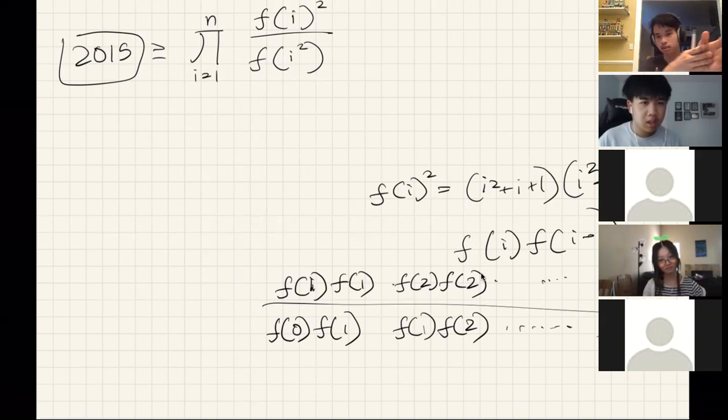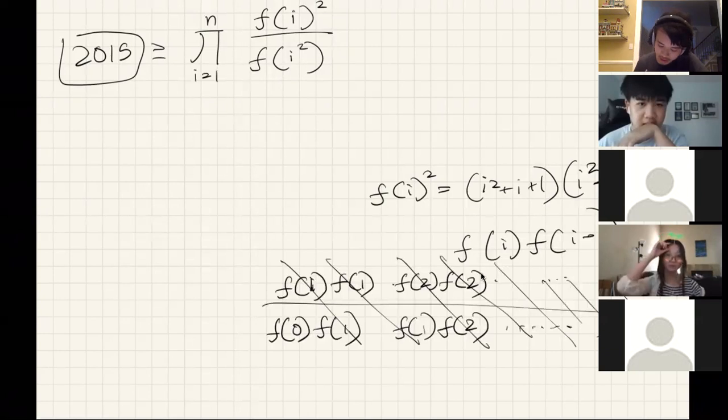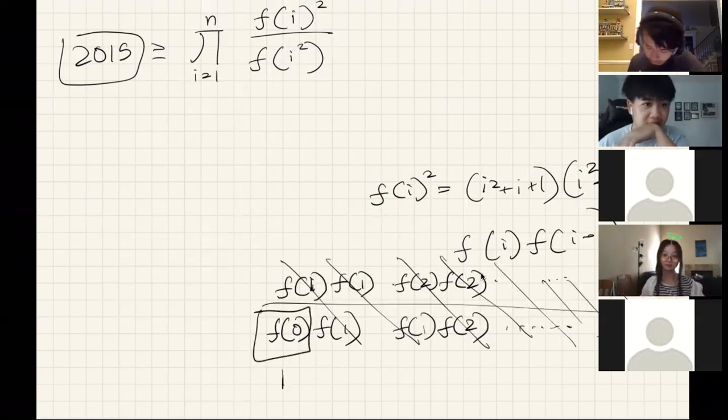So just like a telescoping sequence, these terms are going to cancel. Most of the terms in the numerator are going to cancel terms in the denominator. And I'll leave it to you to verify that all the terms cancel except for an f of 0 in the denominator, that's just 1, and an f of n in the numerator.